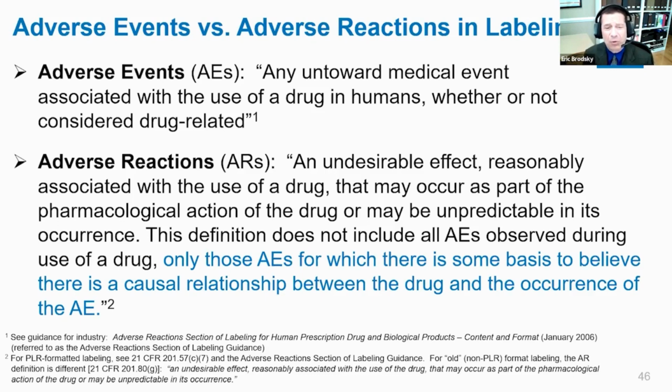I should note that in our old format labeling regulations from 1979, the adverse reaction definition is more closely aligned to adverse events. So when one converts the labeling from old format to PLR format, there's a different definition of adverse reactions.